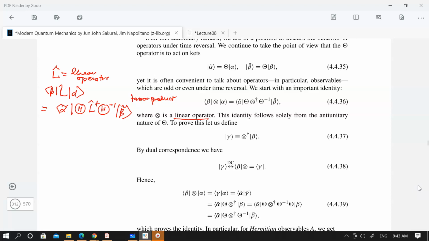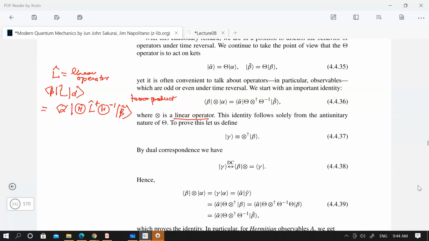Here is essentially a definition. Since I'm going to have an L dagger, sorry, this is L here, I'm going to have L dagger acting on this particular state, so I would need to know how that actually works.